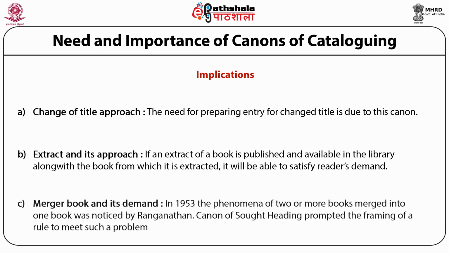Third, merged book and its demand. In 1953, the phenomenon of two or more books merged into one book was noticed by Ranganathan. Canon of Sought Heading prompted the framing of a rule to meet such a problem.